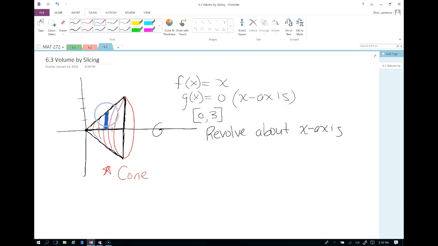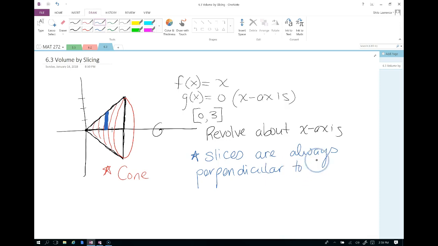And when we take slices, we always do them perpendicular to our axis of revolution. So our axis of revolution here is the x-axis, which is horizontal. So the slice I'm taking is vertical.